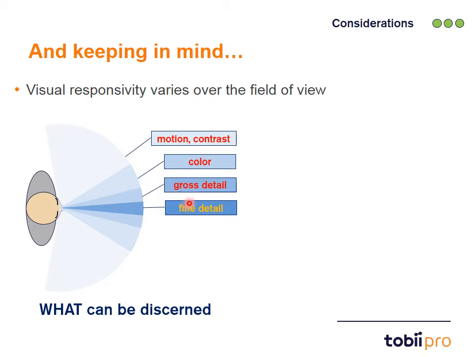However, as we move out towards the periphery of the visual field, we quite rapidly lose sensitivity to fine detail, ultimately gross detail, and then at the far periphery, we're primarily sensitive to color, and then ultimately motion and contrast. So what can be discerned varies as a function of its location in our visual field.